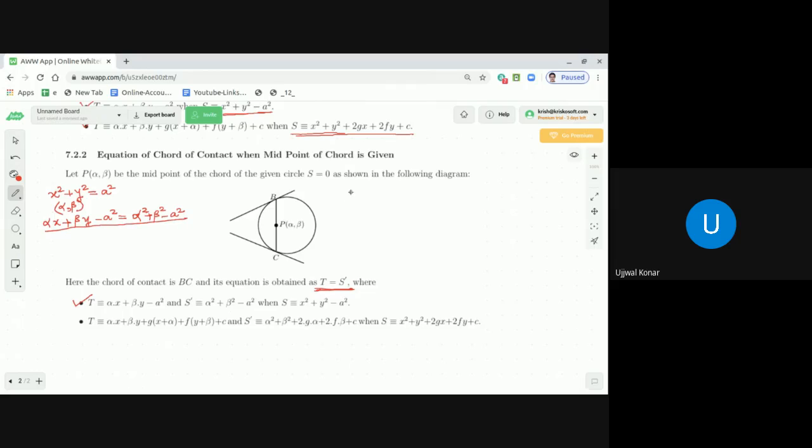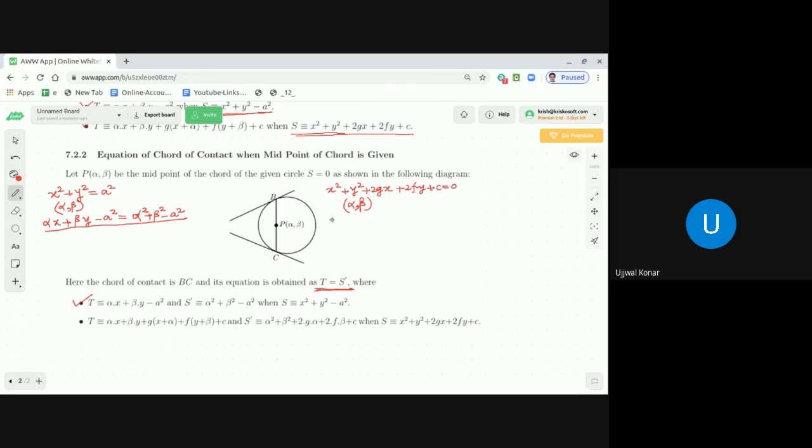Now, if the equation of the circle is given in the generic form, that is x square plus y square plus 2gx plus 2fy plus c is equal to 0, and we know the coordinate of the midpoint of that chord of contact as alpha comma beta, here also the technique is the same: T equal to S dash.